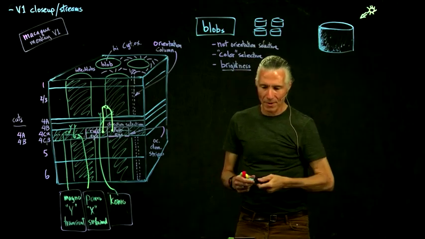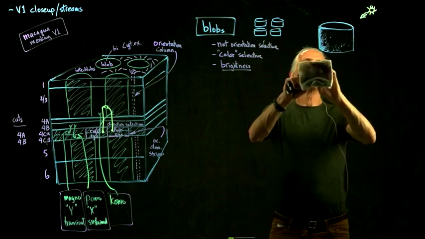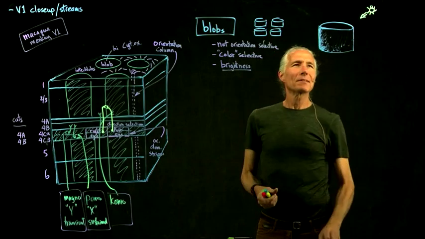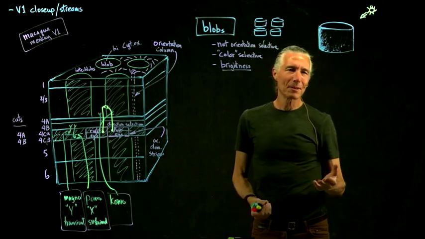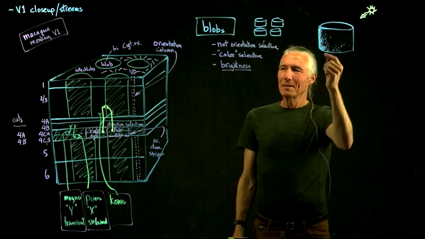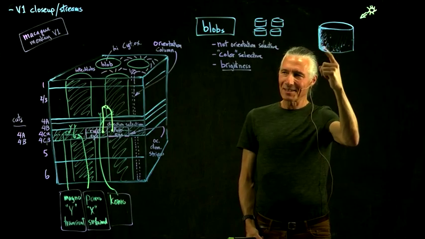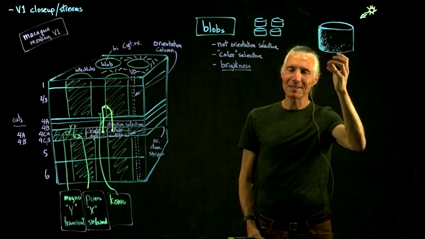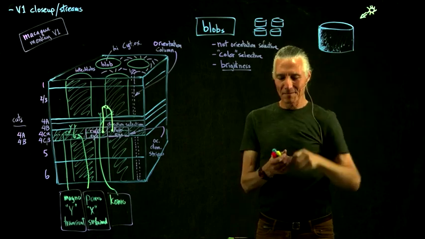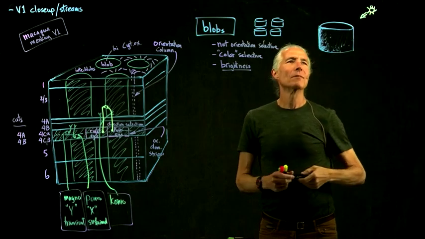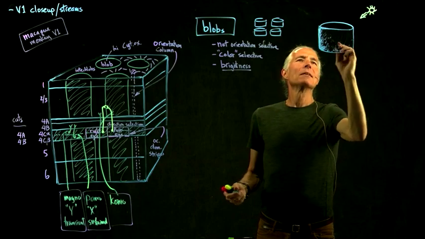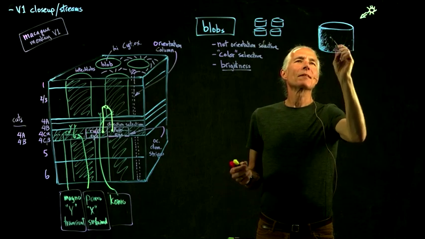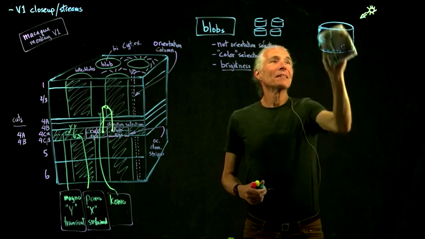Why don't I do it the other way? I'll leave it that way. Yeah. So one of the problems is I'm drawing with a marker that's light, so I want to reverse it. So light coming down from this side. Let me do it the other way.